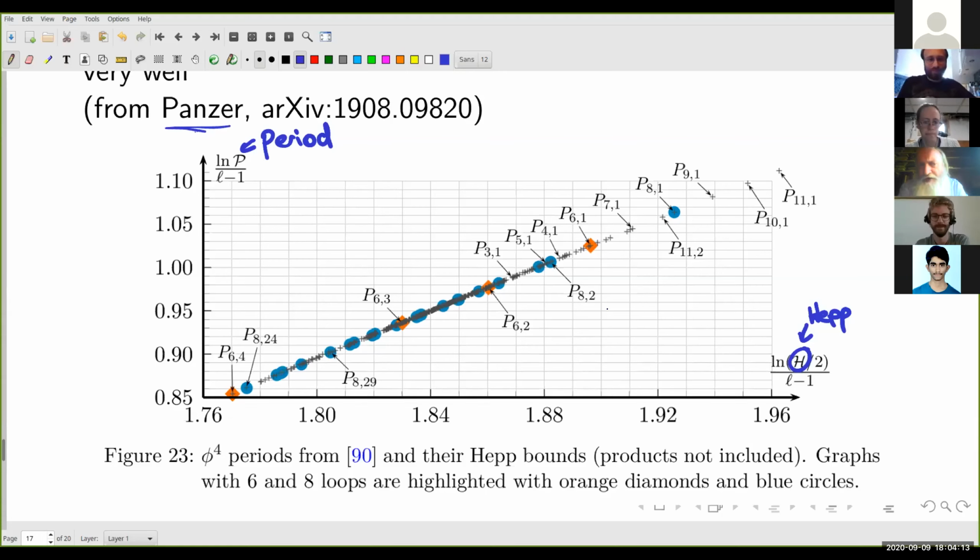Now, the person most likely to exploit this is Misha Berinsky, who has developed a Monte Carlo algorithm for multi-loop diagrams, and by multi-loop I mean 20-loop diagrams, which are absolutely impossible by sector decomposition, using Eric's HEP bound to determine the Monte Carlo sampling. He can calculate 20-loop Feynman diagrams to 5 significant figures by sampling only 10 to the 10 points using this.